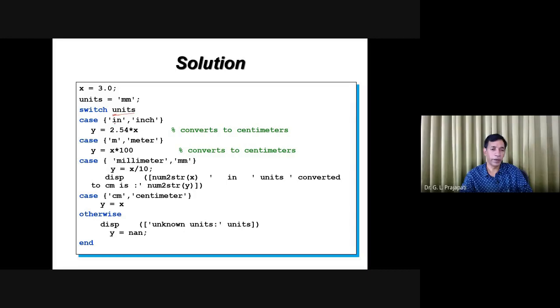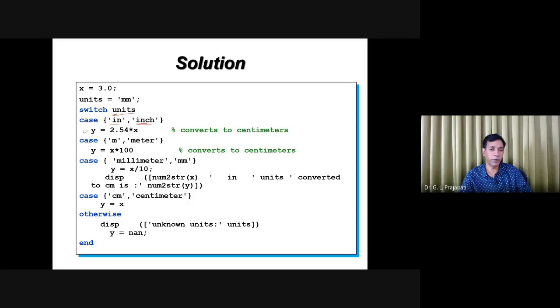Now somebody may enter the unit as in, or somebody may say inch, the full name. So if the string is equal to in, or the string is equal to inch, this is the block. For both cases, you have to do this.